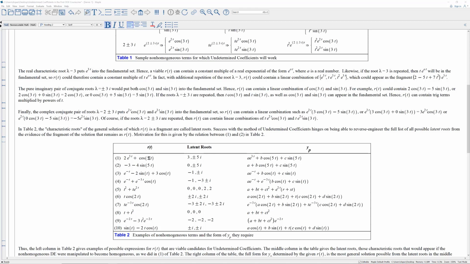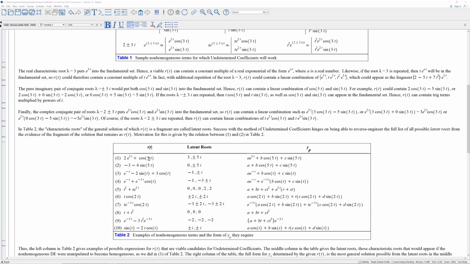I said, if your right-hand side should look like this, you would see this term e to the 3t, and you'd say, oh, there was a root lambda equals 3 in the characteristic polynomial for the operator g that annihilates the right-hand side.